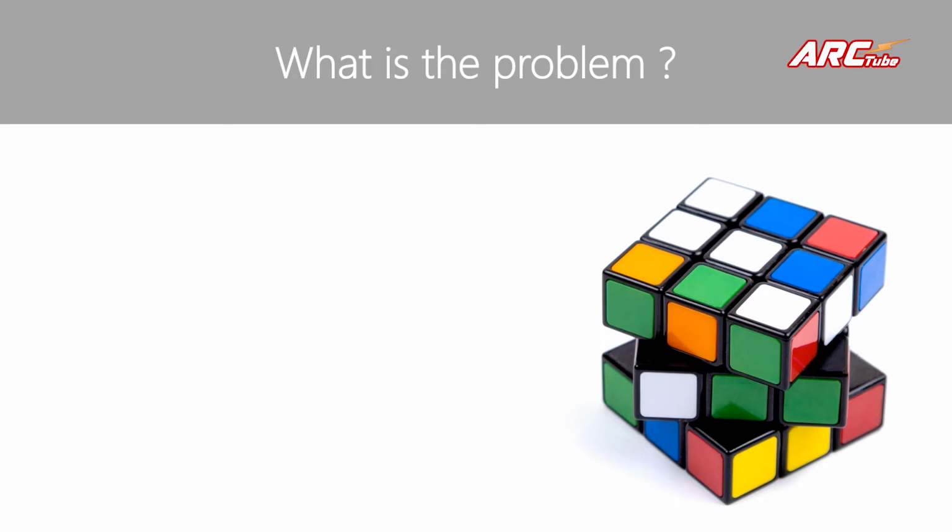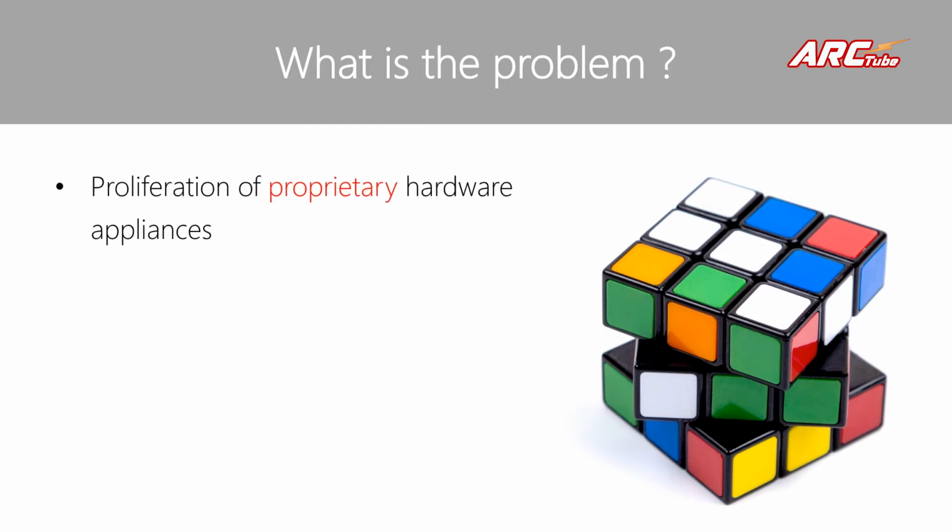Now, what is the problem with this? What is the problem of implementing a box for each network function? One problem is the proliferation of proprietary hardware appliances, because these boxes come from different vendors and they are mostly proprietary hardware.